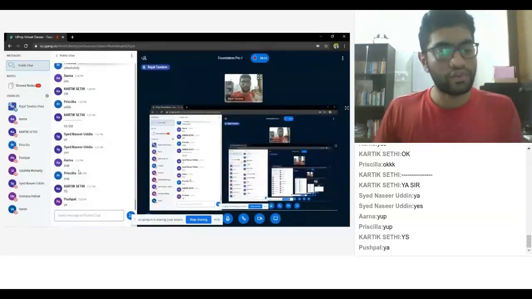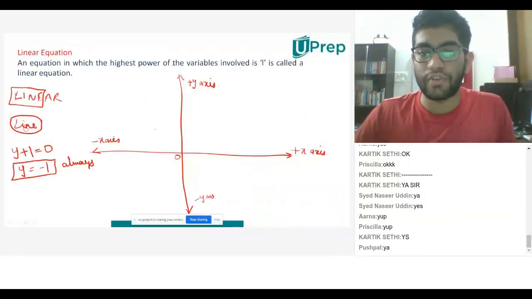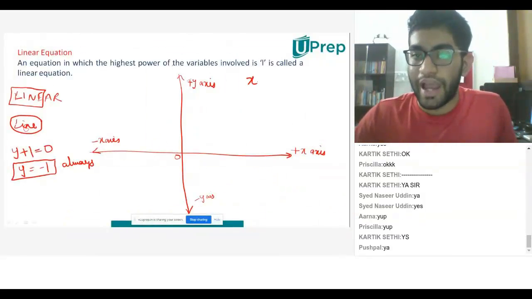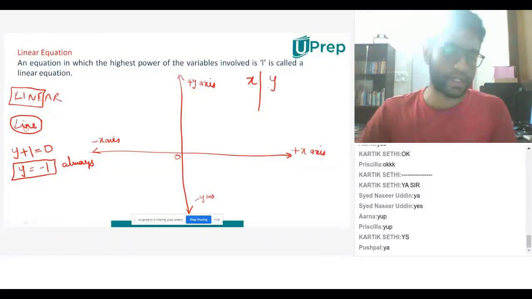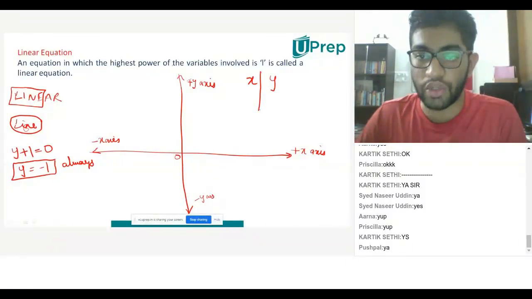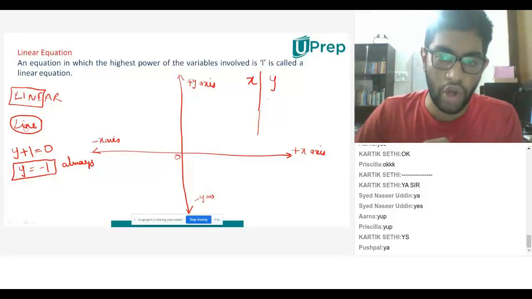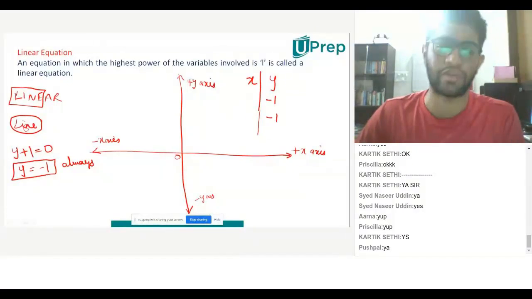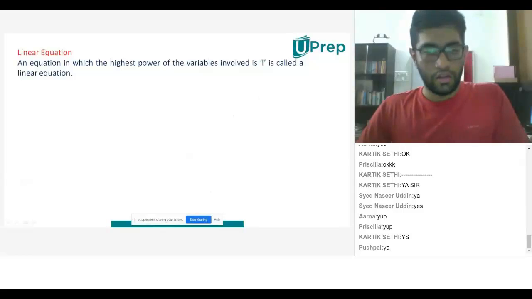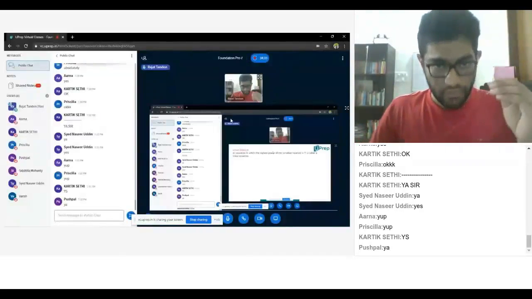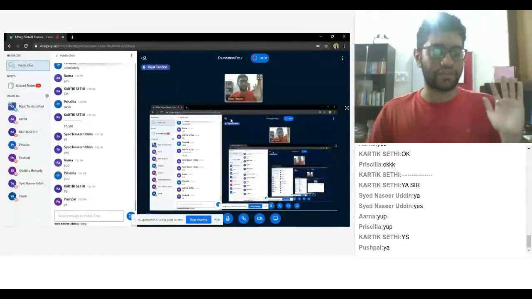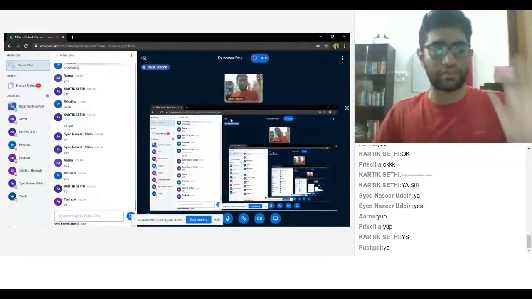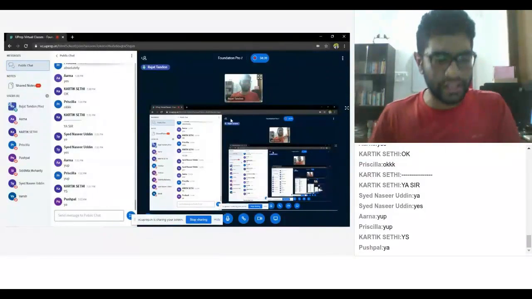Now, if you see the graph, I have x and I have y, correct? What I'm trying to tell you is y is always -1, -1, -1. Now, if I take any value of x, let me take a small number so that it's easy.